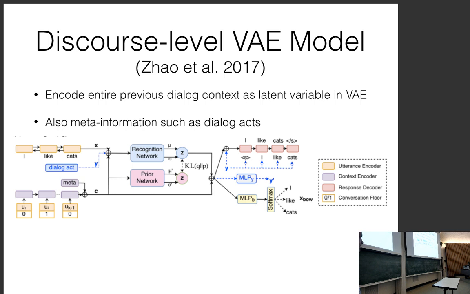And so what they did was they added a couple additional objectives that tried to ensure that kind of abstract information like the dialogue act and also the information about all the words in the utterance was directly encoded in the latent variables that they have here.